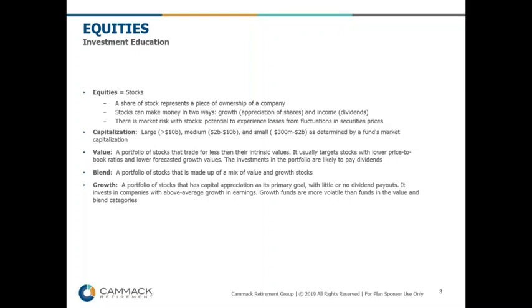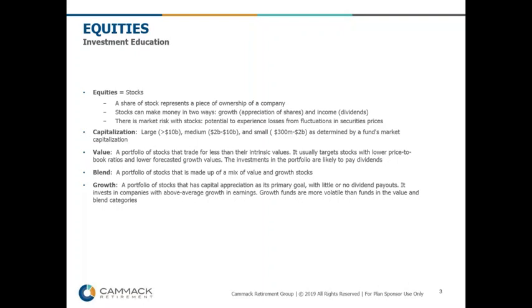The growth or appreciation of shares usually is the lion's share of the return on equities, and ideally, growth should follow earnings of the company. So as the earnings of the company increase, the share price of the stock and the growth to your participant should also increase. But there is more risk with stocks than there is with bonds because they're perpetual.